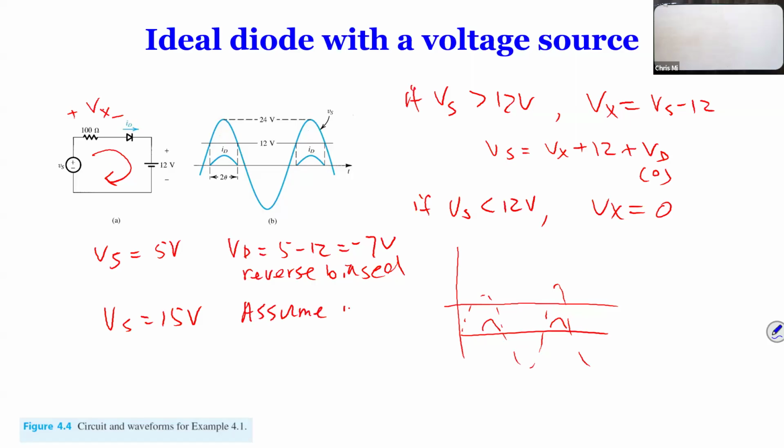If you assume not conducting, how much voltage would you see on the left hand side? Not conducting means no current, so there's no voltage drop on the 100 ohm resistor, and on the left hand side you see 15 volts. So VD is equal to 15 minus 12, which is 3 volts. That is larger than 0, so it must be conducting.